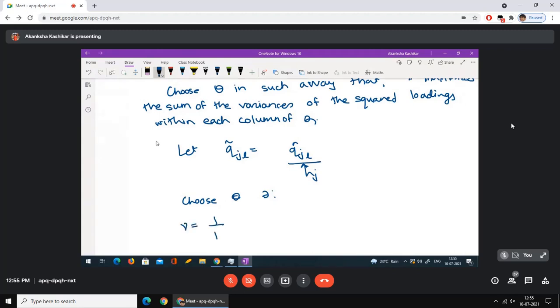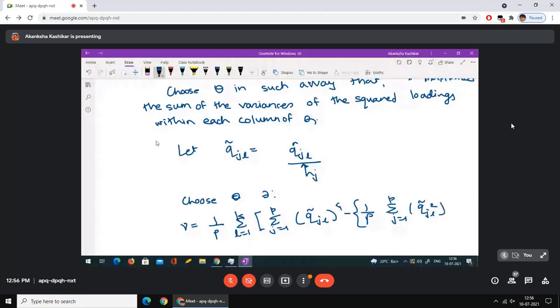And what is that quantity? 1 by p, sum over l going from 1 to k, because we have k factors, sum over j going from 1 to p, because we have p variables, q_jl tilde raised to 4, minus 1 by p, sum over j going from 1 to p, q_jl tilde square, and this whole thing squared, and I complete this bracket.